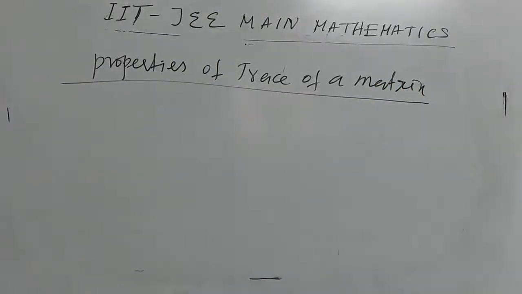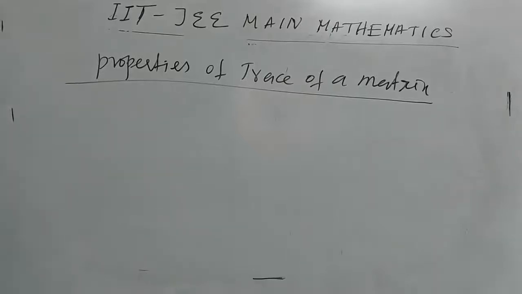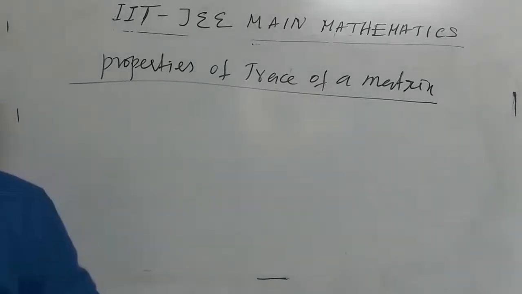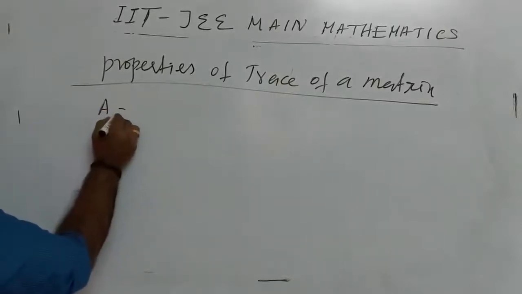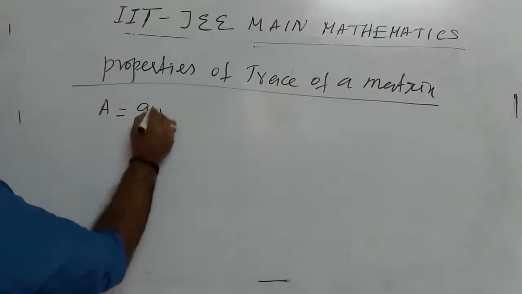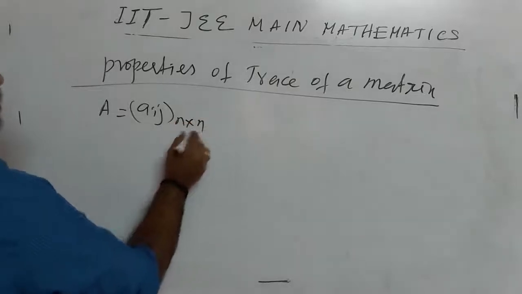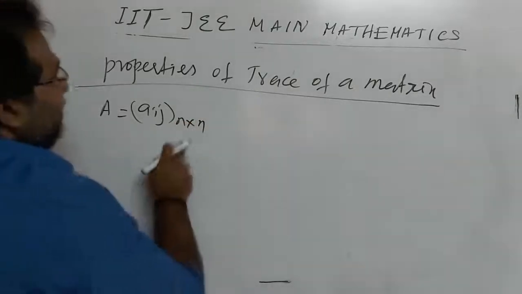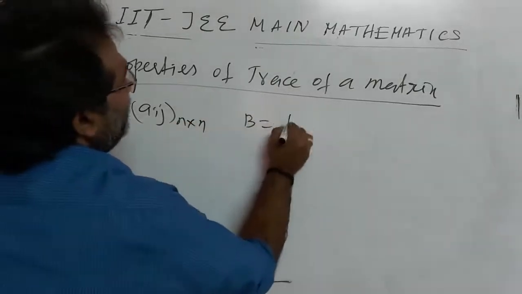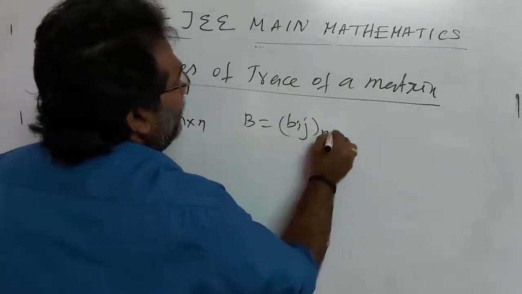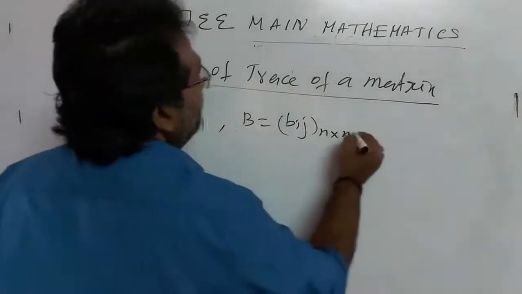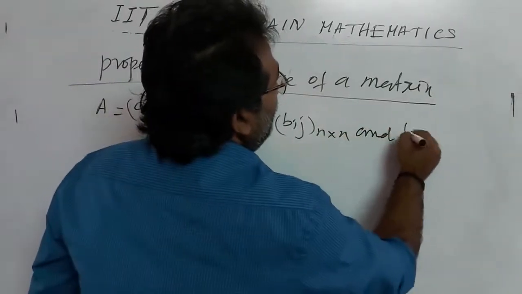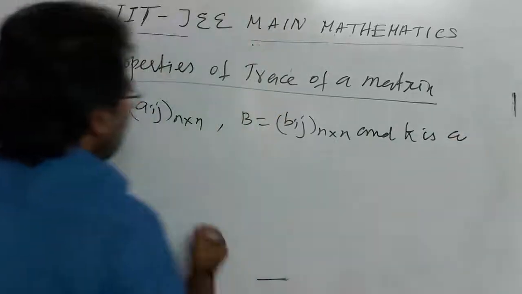Properties of trace of a matrix. Say A is a square matrix of order n. B is also a square matrix of order n. And K is a scalar.